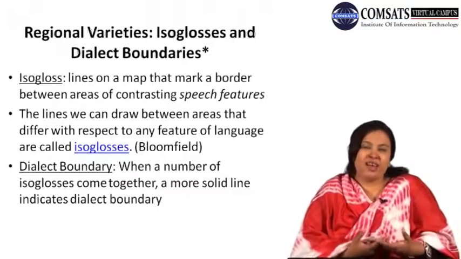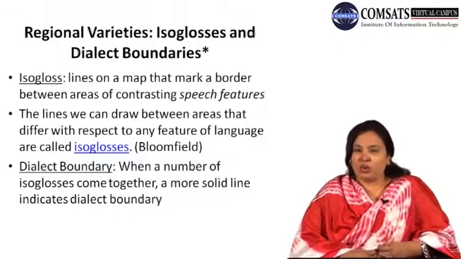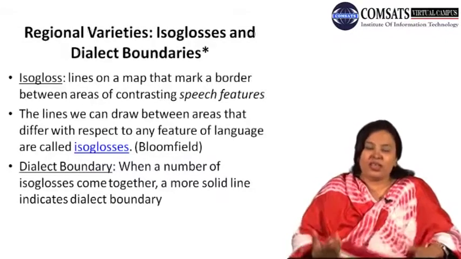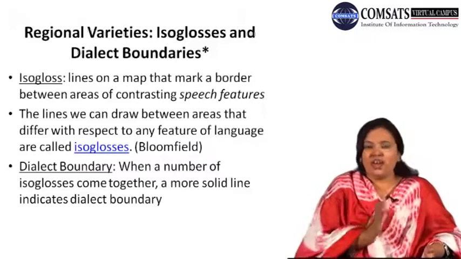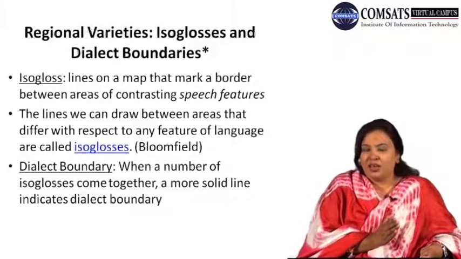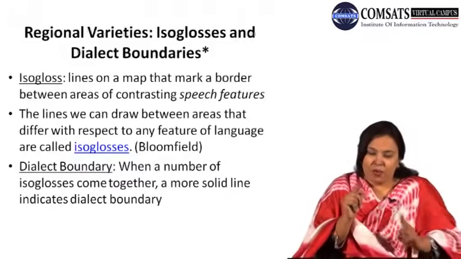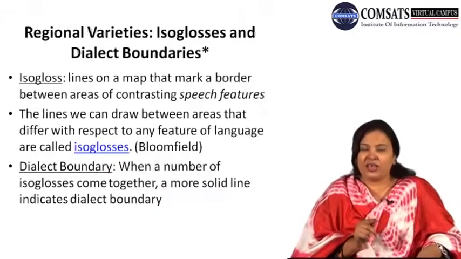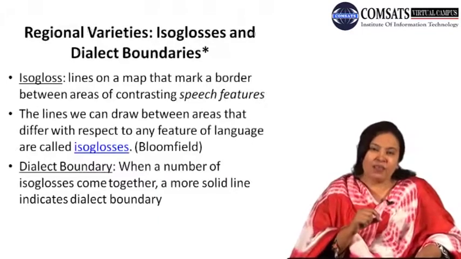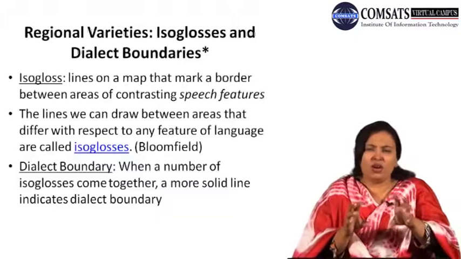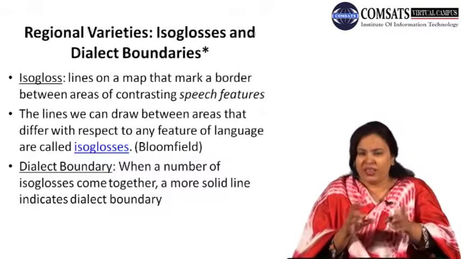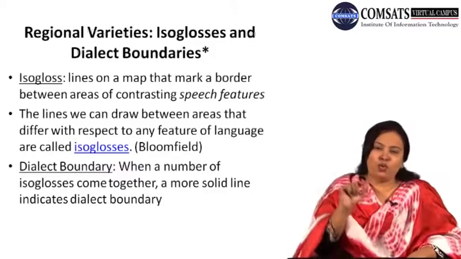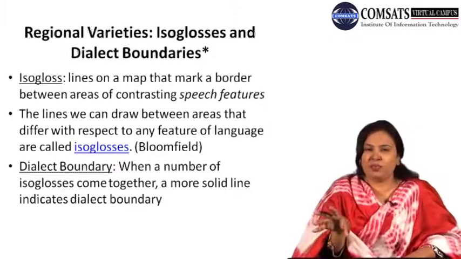With respect to regional dialects, we have two important terms: isogloss and dialect boundaries. When we say that the language varies from region to region, then to show that from this region to this region the language varies in certain ways, we can draw a weak line. If the differences are not very strong, if the differences are only a little, then we can draw a weak line to distinguish those two regions.